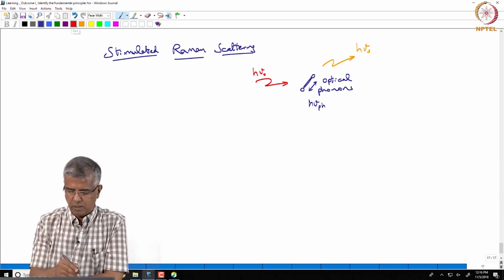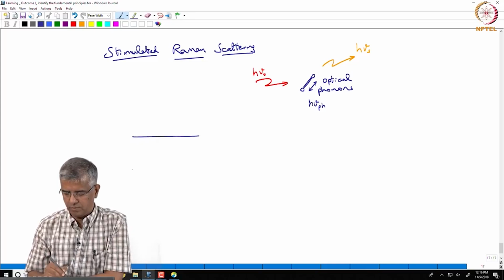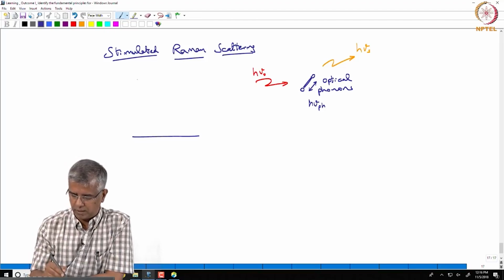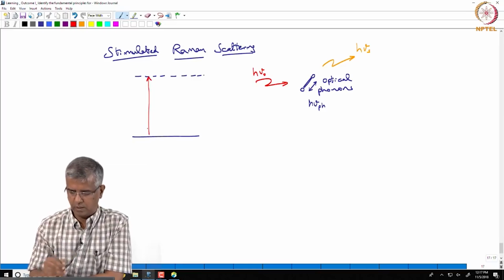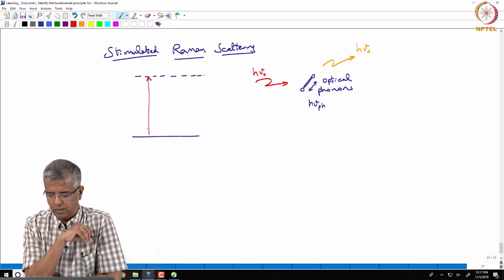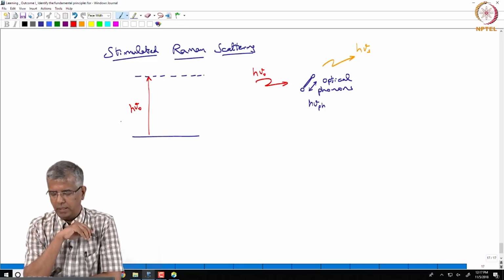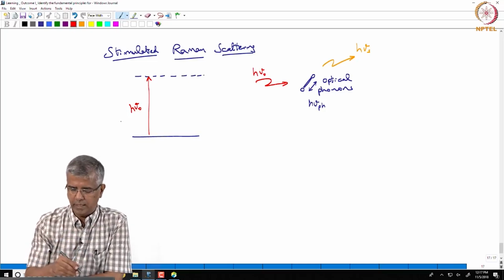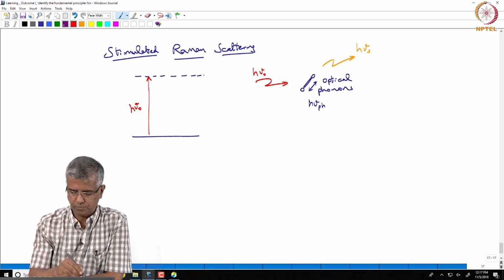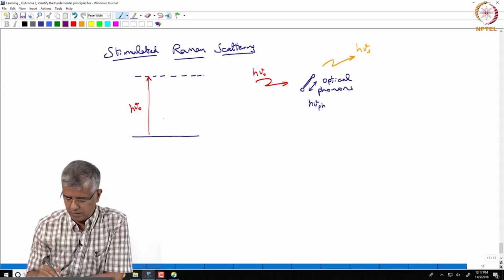So we can represent this in terms of an energy level diagram. You say, okay, this particular molecule is at rest, but upon the excitation of your optical radiation with the h nu naught, it's going to a higher energy state, and at that higher energy state, it's giving off part of this energy to what is called the h nu phonon.